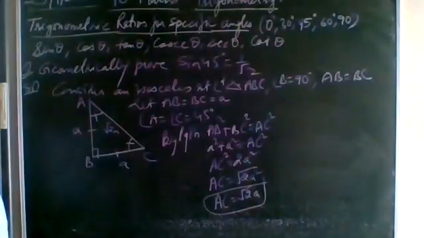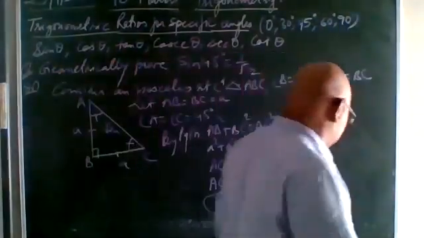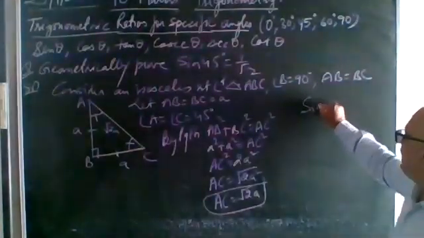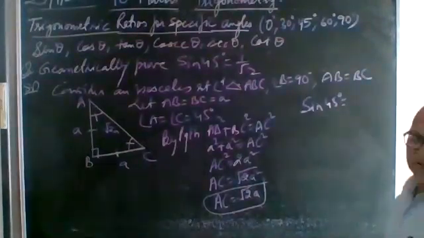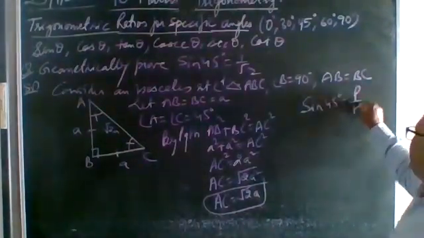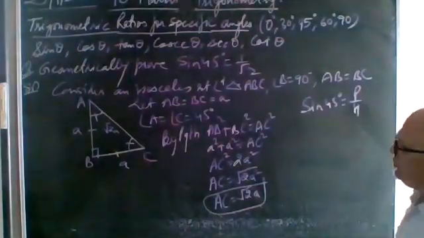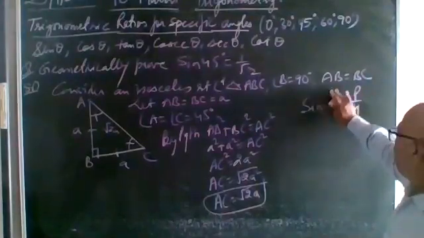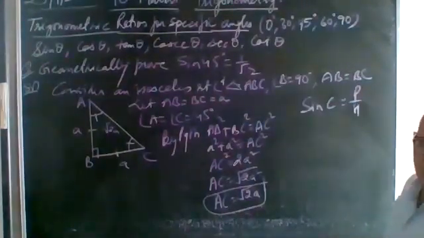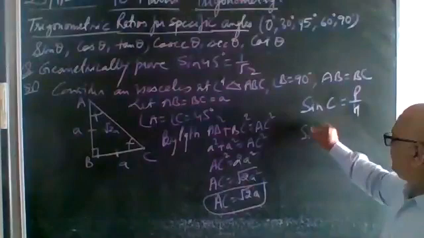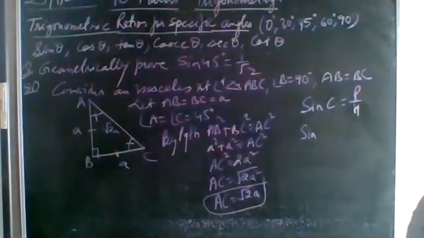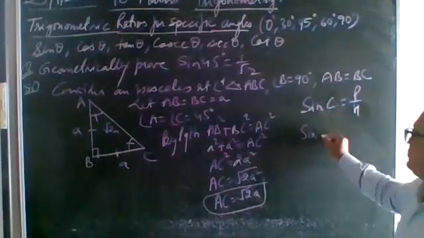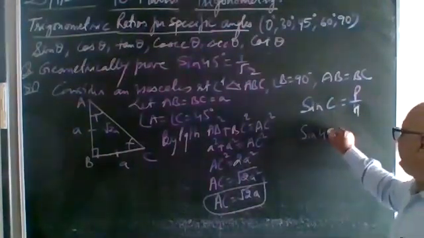Now you have to find out sin 45 degree. That is perpendicular upon hypotenuse. Or you can do sin C, and in the last step you write it so that you can know which angle we have considered. So sin C, which is 45 degree.